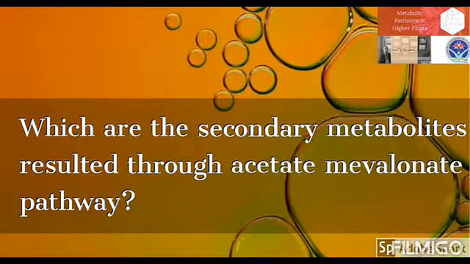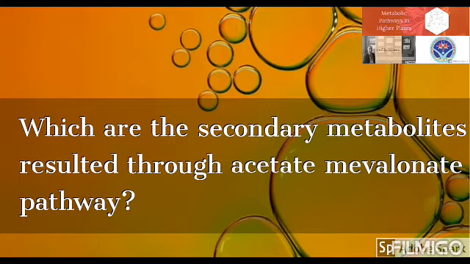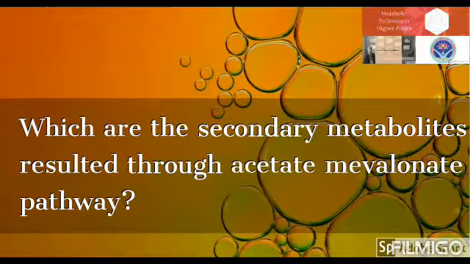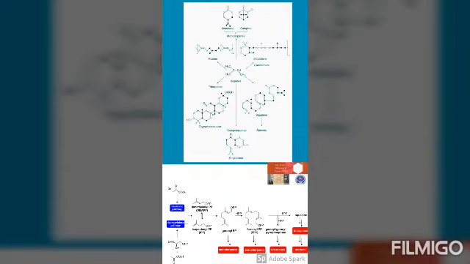various secondary metabolites like monoterpenes like limonene and camphor, sesquiterpenes like zingiberene, diterpenes like phytols and taxanes, triterpenes like glycyrrhetinic acid, tetraterpenes like carotenoids, sterols like stigmasterol and sitosterol, polyisoprene compounds like rubber, and hormones like gibberellin.